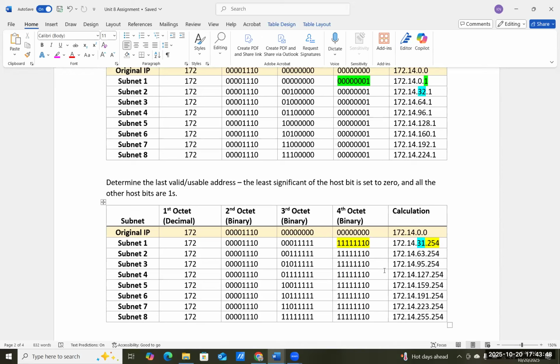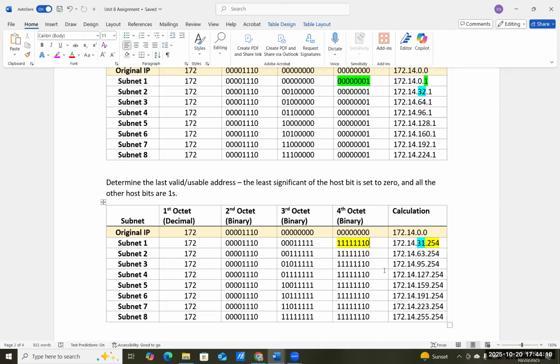Now, this is not always the case. Sometimes you cannot use a specific one depending on how you create your subnet, but it's common to have 1 and 254. I cannot use 255 because 255 is a broadcast address, and I cannot use a 0.